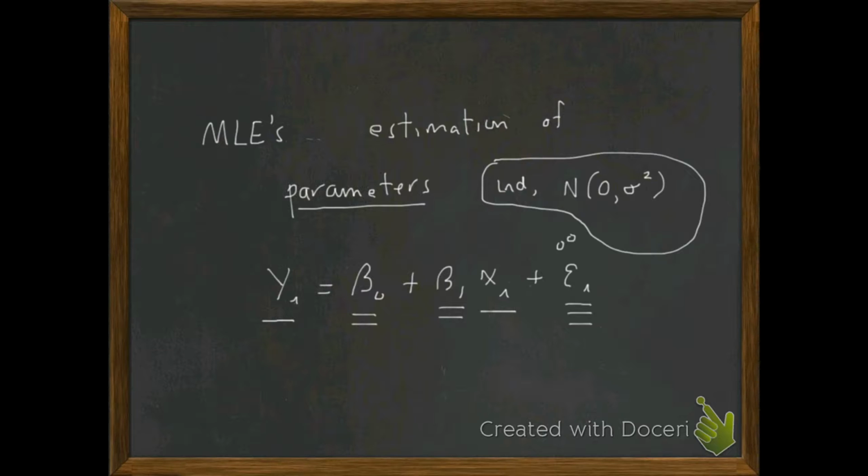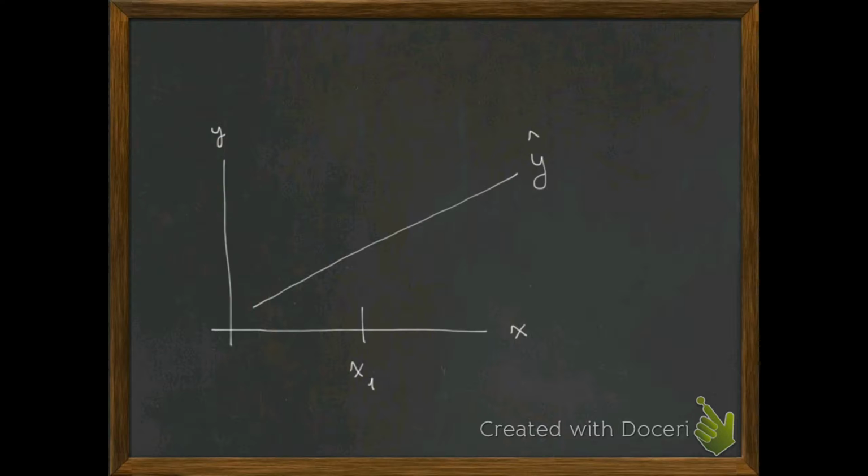All that tells us is that at each particular level, let's just choose an arbitrary level here, we've got our model.